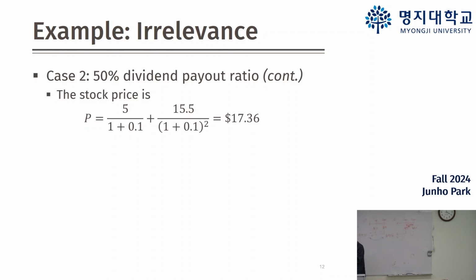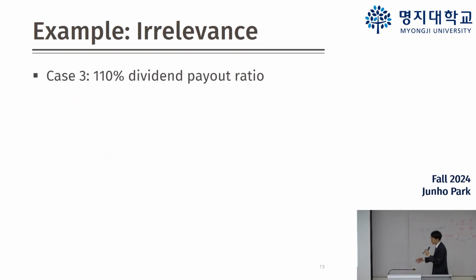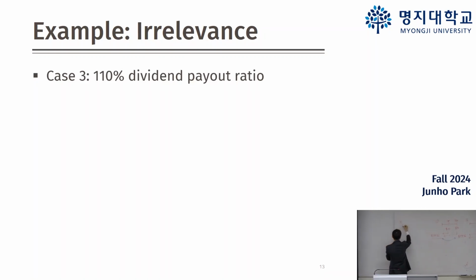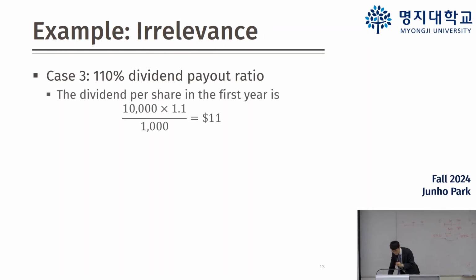And we can even think about the third case, which is having 110%. In this case, we again have the same company. However, now they are planning to give more when compared to what they have already in the first year.